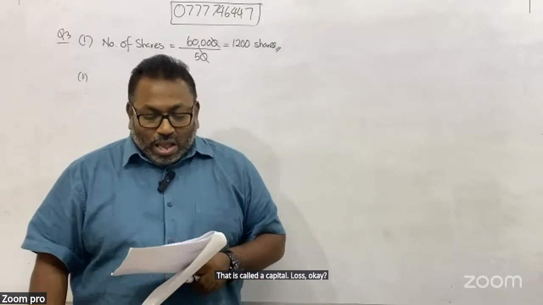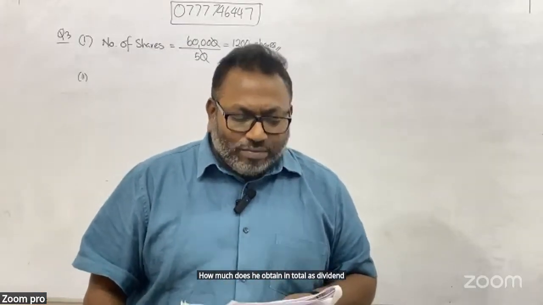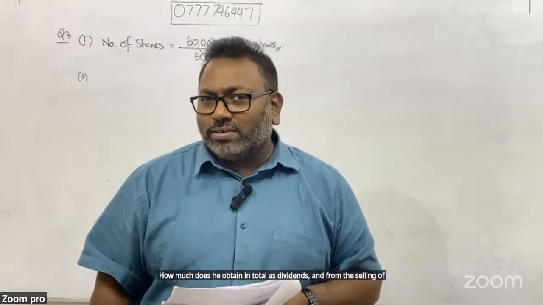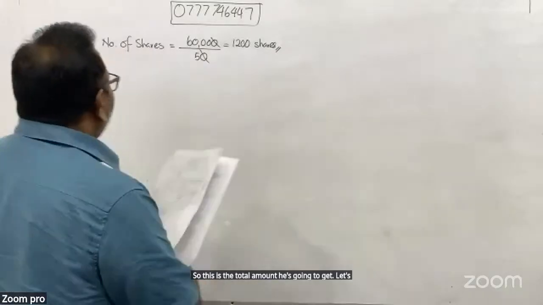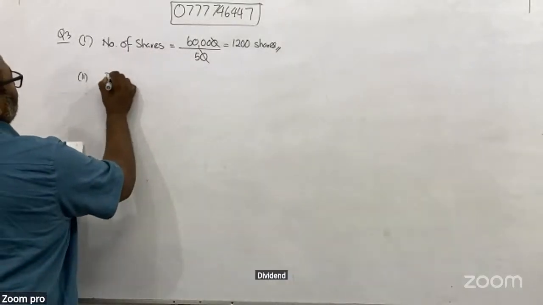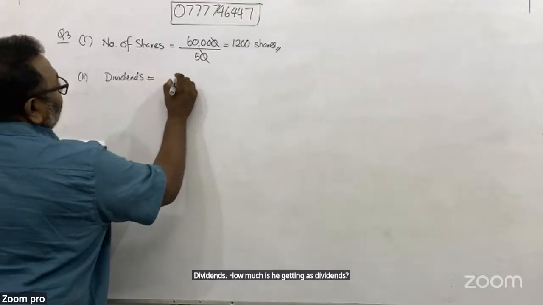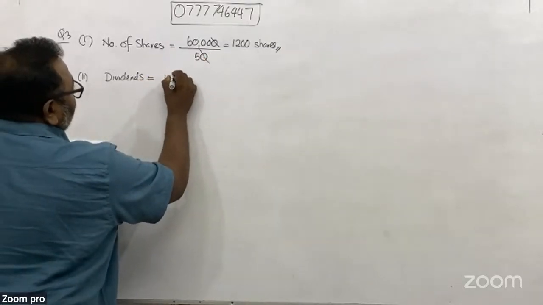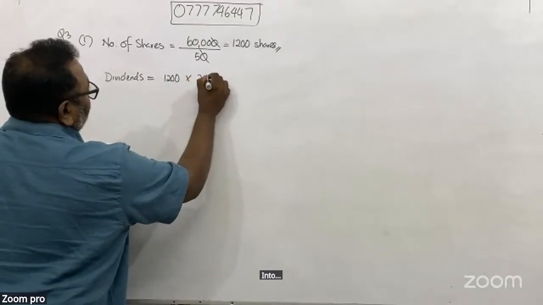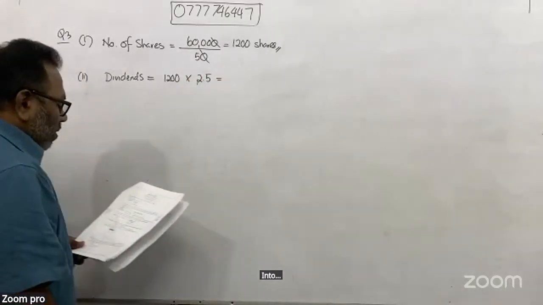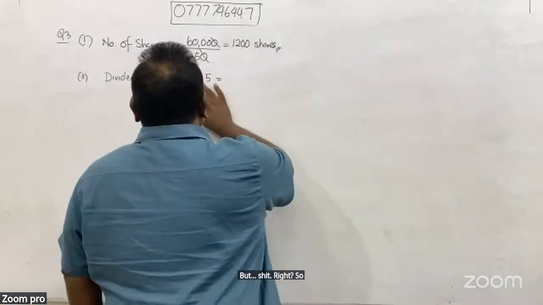Okay. How much does he obtain in total as dividends and from the selling of all the shares? So this is the total amount he is going to get. Let's calculate that. First part, dividends. How much is he getting as dividends? 1,200 shares into 2.5 rupees per share, right? So 1,200 into 2.5.